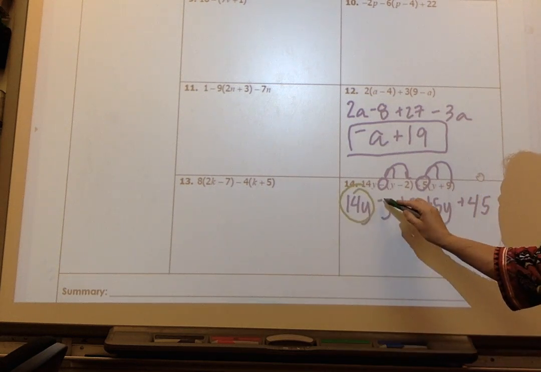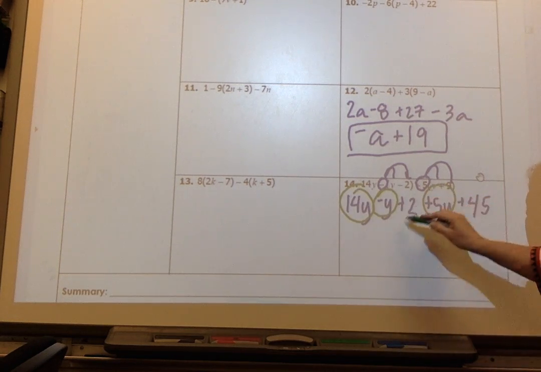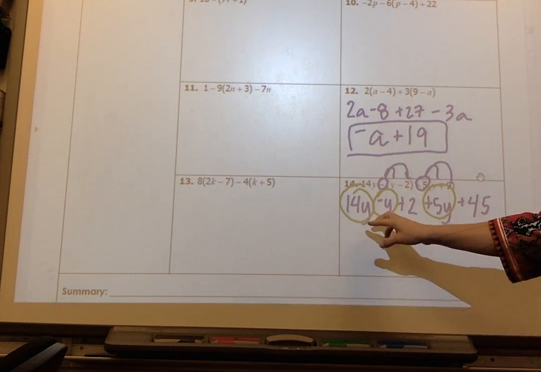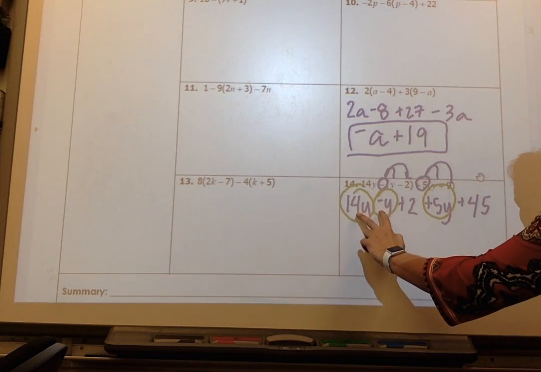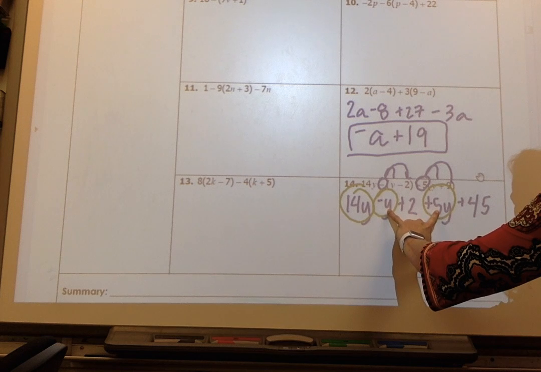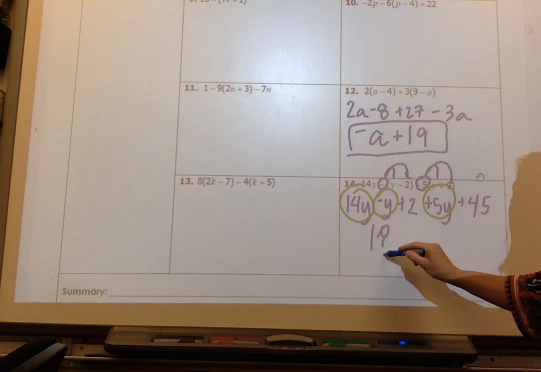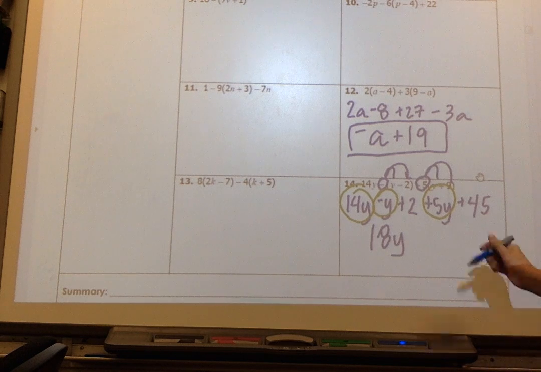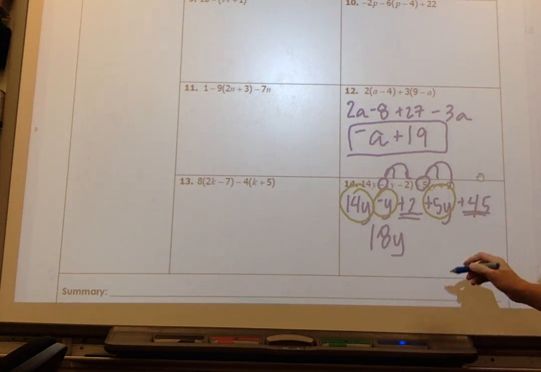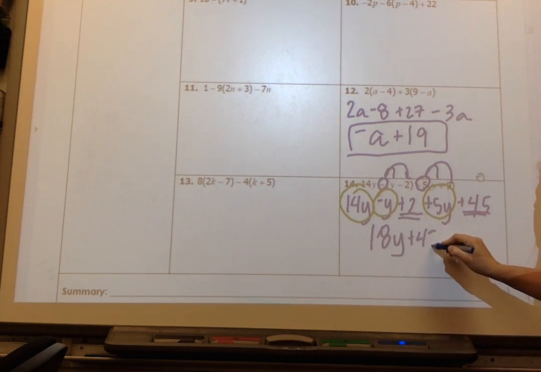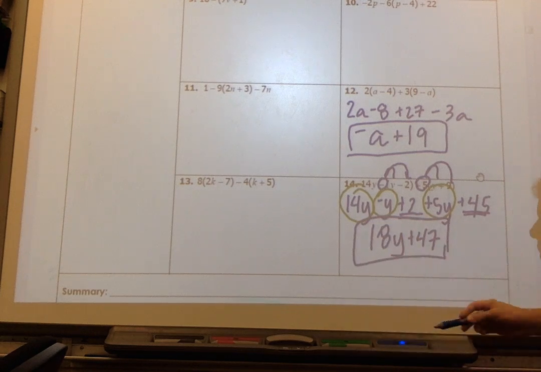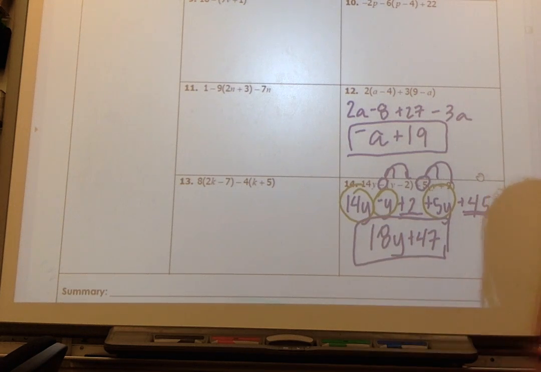I have a 14y, a negative y, and a positive 5y. So this gives me 4y right here. So 4y and 14y is 18y, commutative property. And then positive 2 and positive 45 is plus 47. So I'm going to box that answer, and that's my answer.